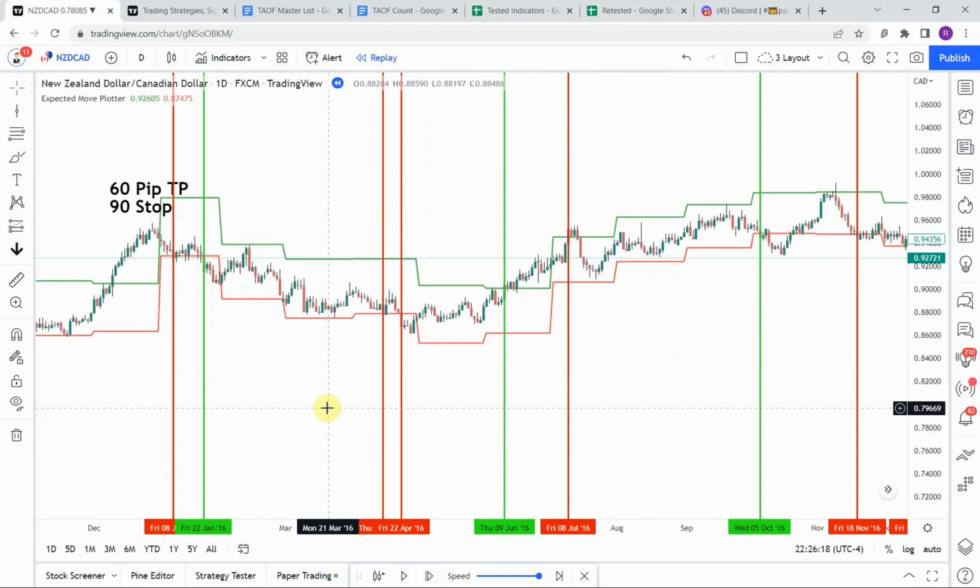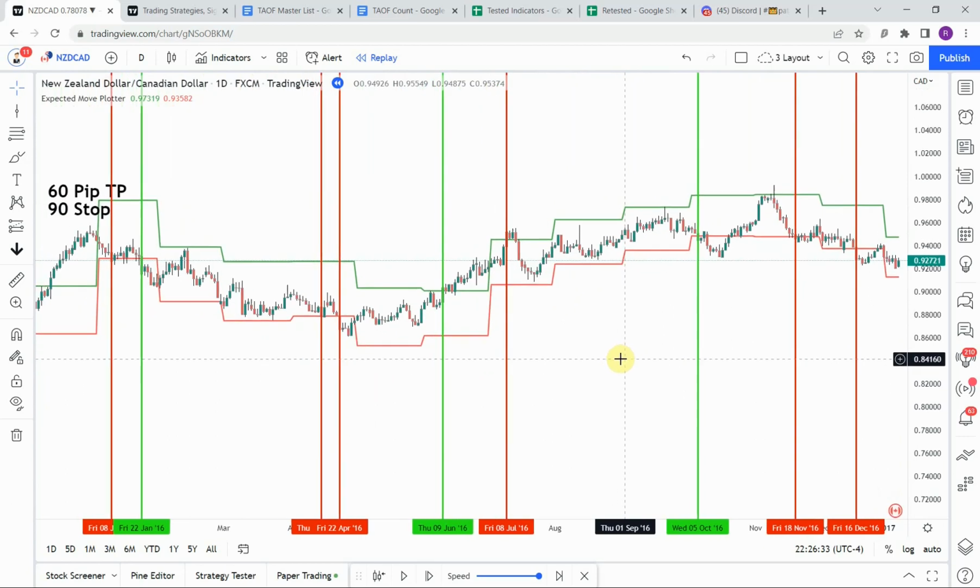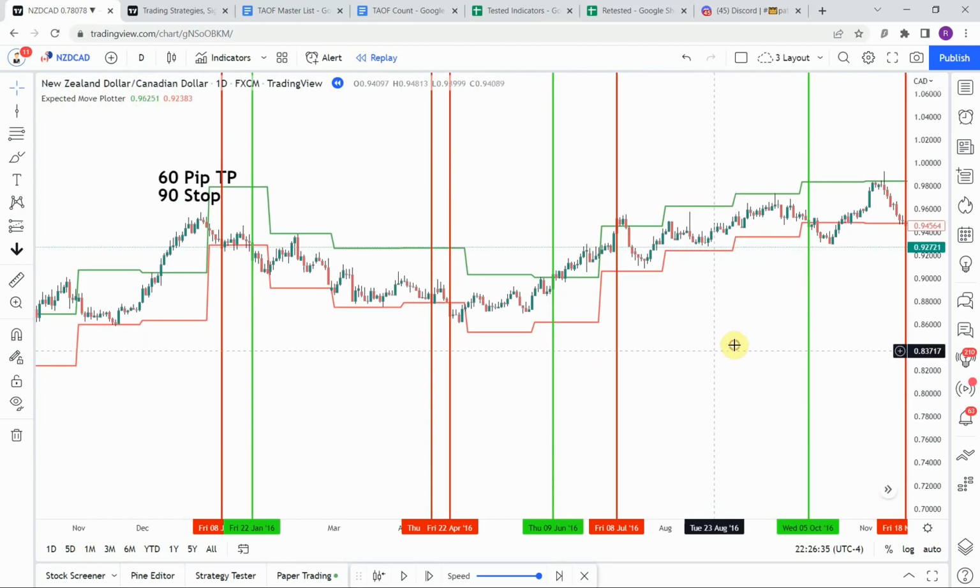But I think it does have some validity to it as far as being able to understand what those areas of support and resistance are, and maybe not necessarily using those as price breaks, but as areas of opportunity that you can look for.